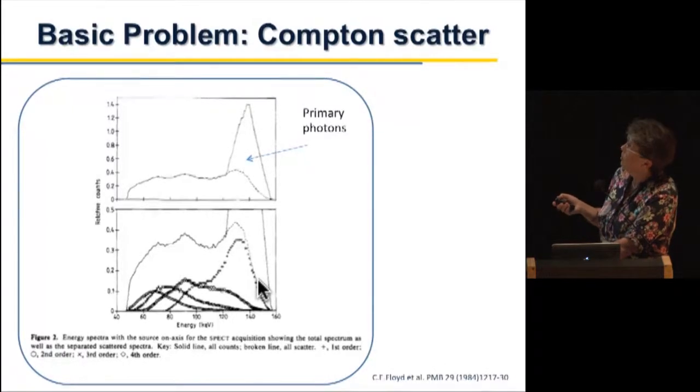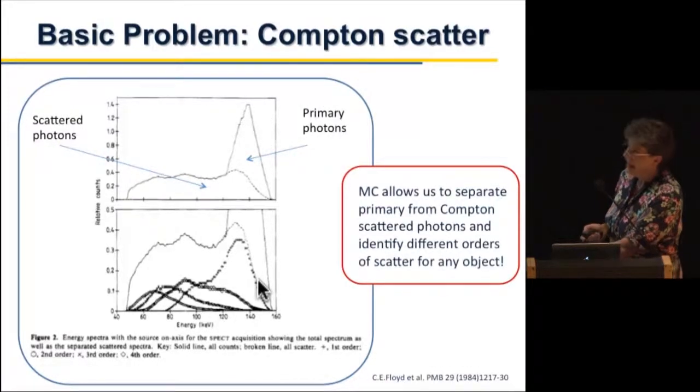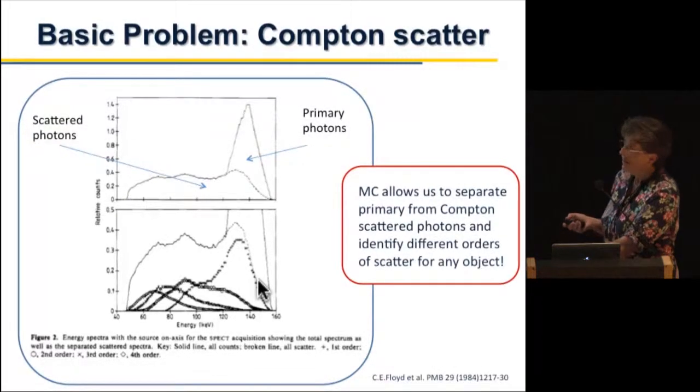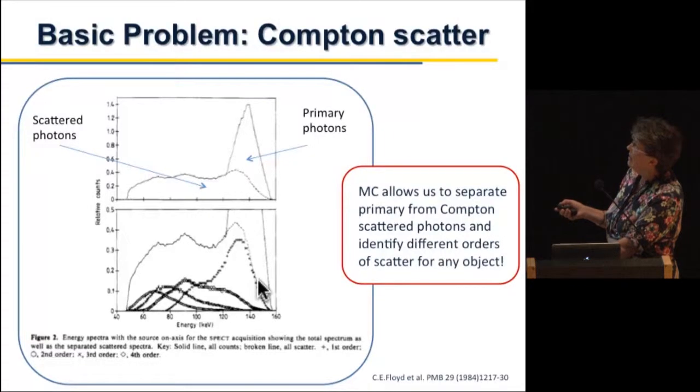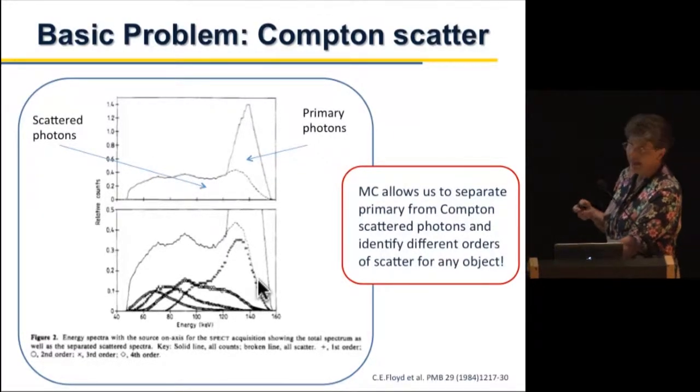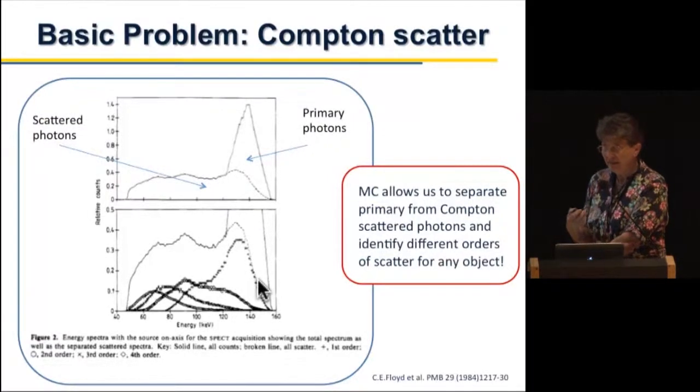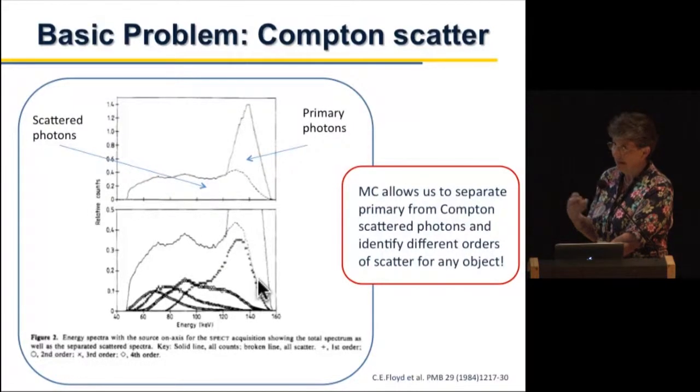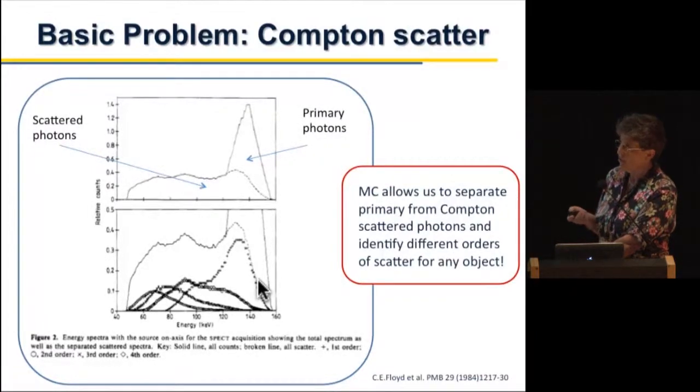But very often you want to identify primary photons and scattered photons. Only Monte Carlo allows us to identify not only primary, but also several orders of scatter, and allows us to investigate how our correction method fits the true distribution of scatter. So basically, if we develop any method, we need to understand data structure.